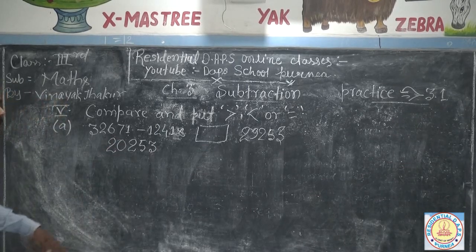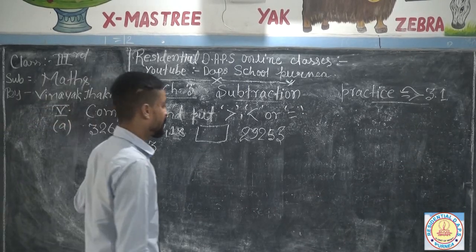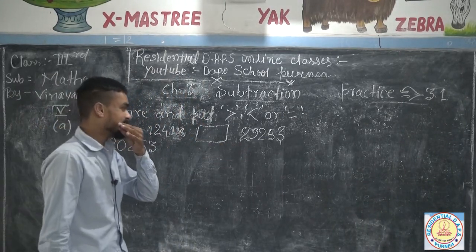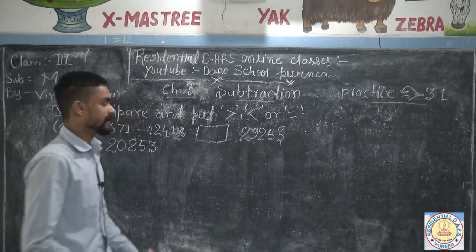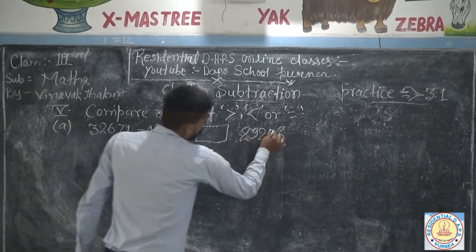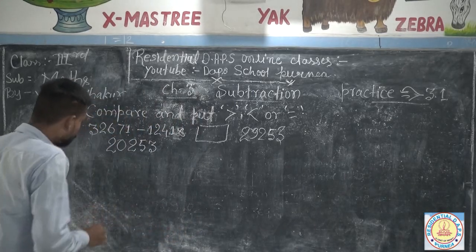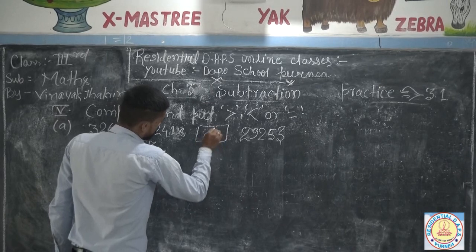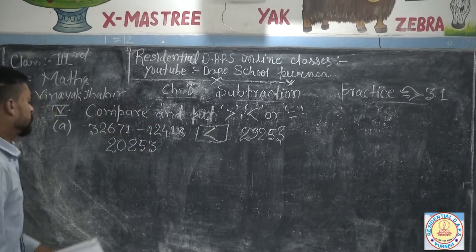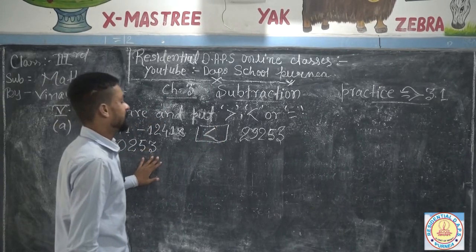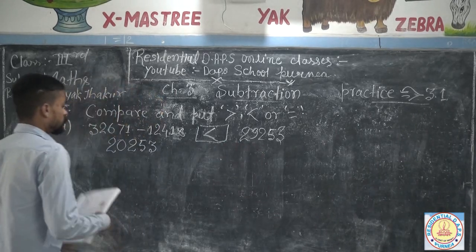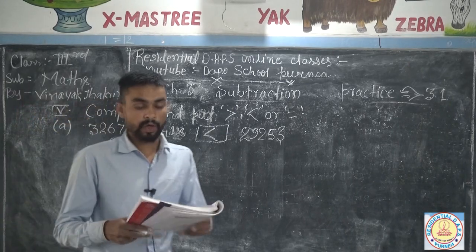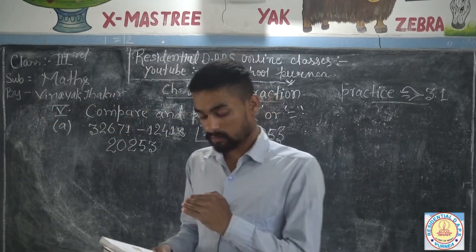So your answer is 20,253, and on the other side here is represented 29,253, which is larger than 20,253. It means 20,253 is smaller than 29,253. So this is your comparing, and you have to solve your next questions B to E completely.